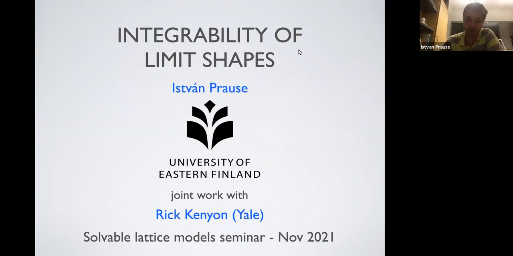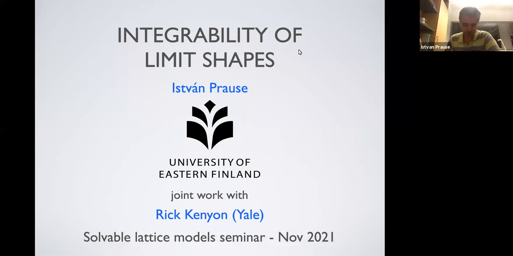So they used the surface tension for this 5-vertex model, but you may remember that it's kind of a complicated expression from last week. And so we try to understand if there is some special property and what is the difference compared to the dimer model, and partly also to develop a framework which would apply in general for non-determinantal settings like the 6-vertex model and so on.